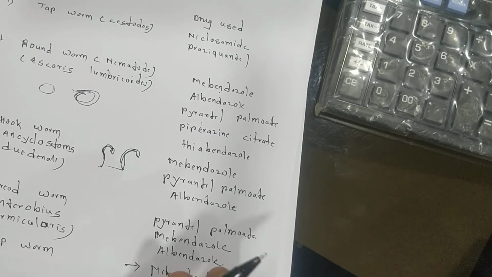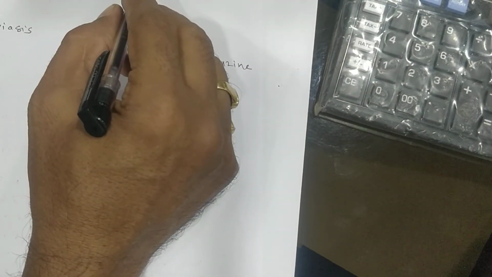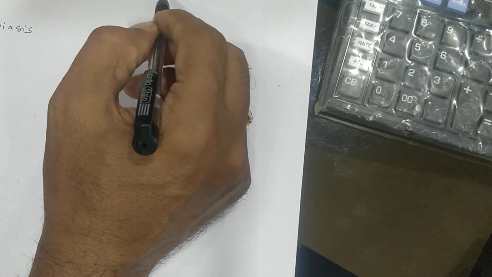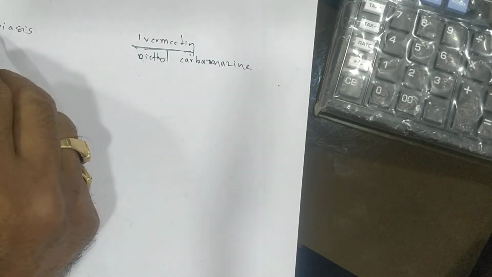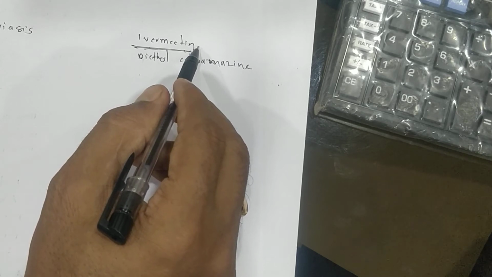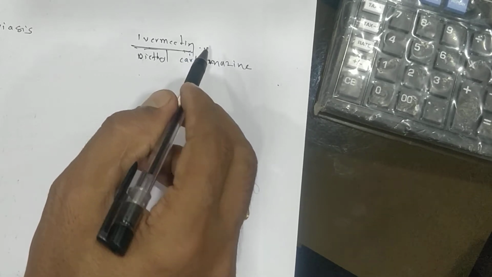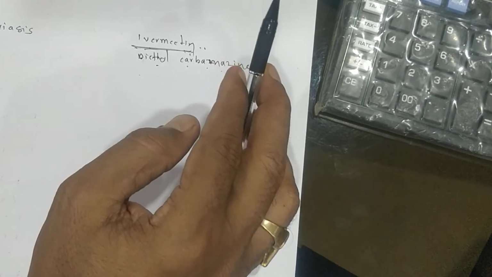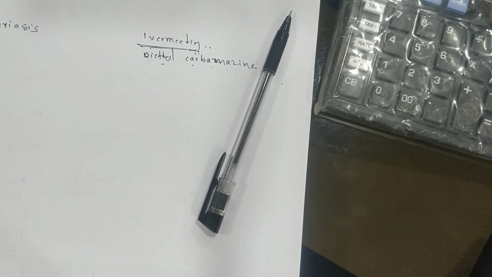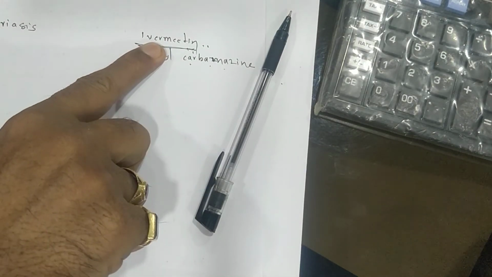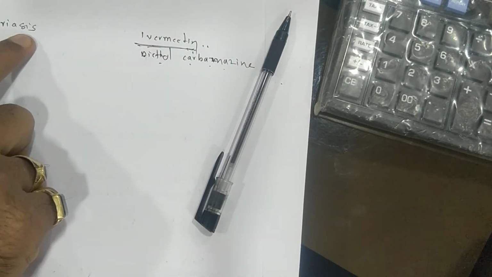Whipworm: mebendazole, pyrantel pamoate. And flukes use different drugs: praziquantel, metrifonate, and niridazole. And filariasis: ivermectin, diethylcarbamazine. Now in the corona treatment ivermectin, doxycycline, vitamins are given initially for prevention of corona. Okay, these are for filariasis.